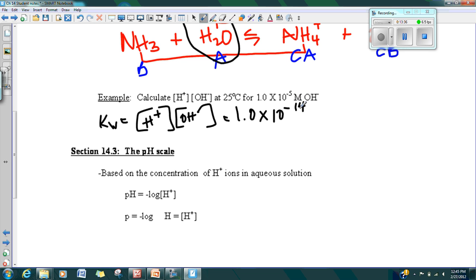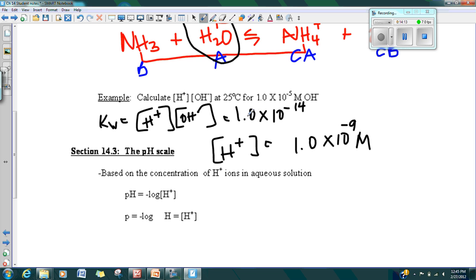If I rearrange this and I want to calculate my hydrogen ion concentration, I know that the OH is 1.0 times 10 to the minus 5th. So I simply can plug that in. I would find my hydrogen ion concentration to be, remember to use brackets so we know it's a concentration, 1.0 times 10 to the minus 9th, or this is its molarity. We have the concentration of the OH and the concentration of the hydrogen ion. You multiply those two together and you should get back your Kw constant.